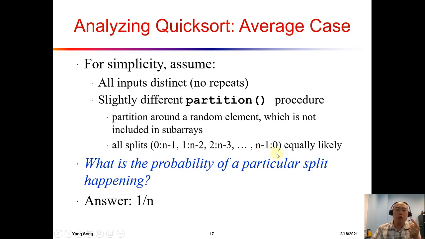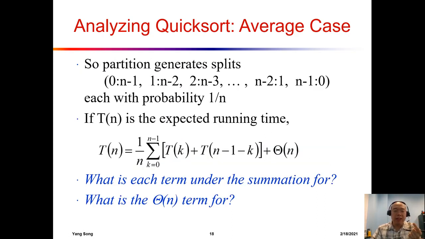For those two possible partitions, when k is 0, we have T0 and T(n minus 1) as one of the possible partitions. On the other side, when k is n minus 1, we have T(n minus 1) plus T0. And for those two things, we just count them twice.